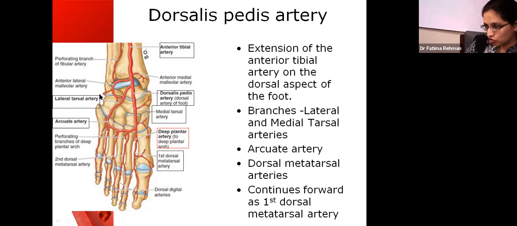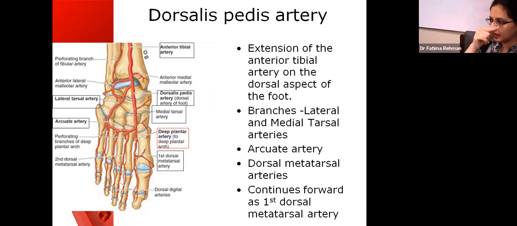So these dorsal metatarsal arteries run in between the adjacent sides of the bodies of the metatarsal bones. And at this level, they are joined by the deep plantar artery, which, if you remember, comes from the sole of the foot. In the sole of the foot we saw the lateral and medial plantar arteries, and from there another branch was coming off, labeled the deep plantar artery.